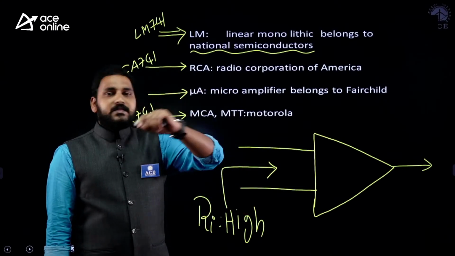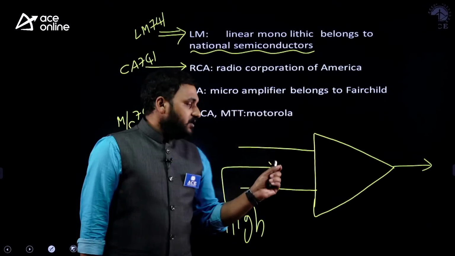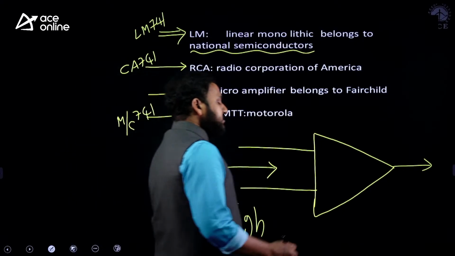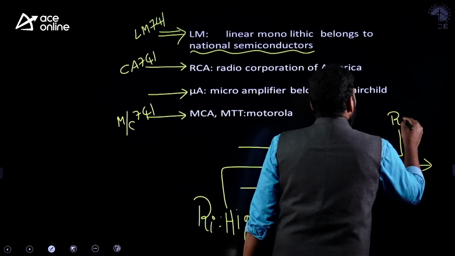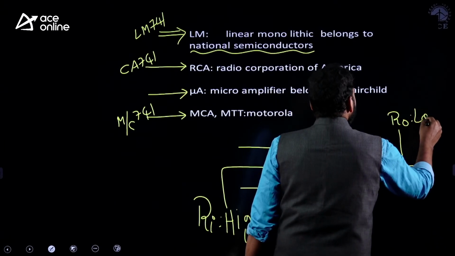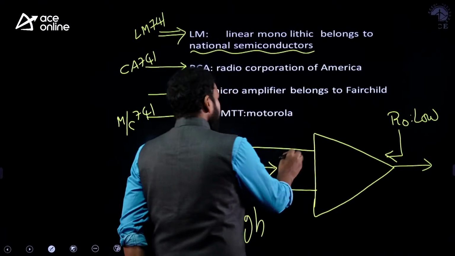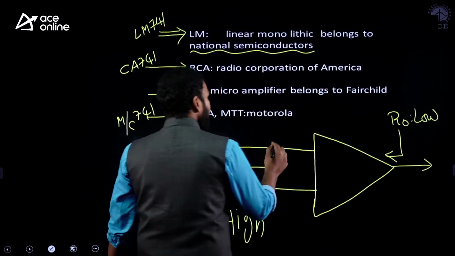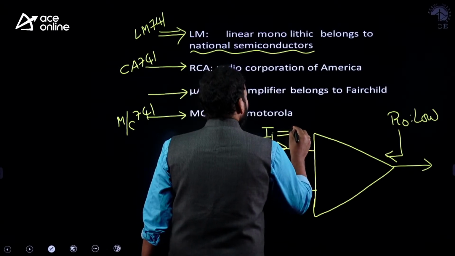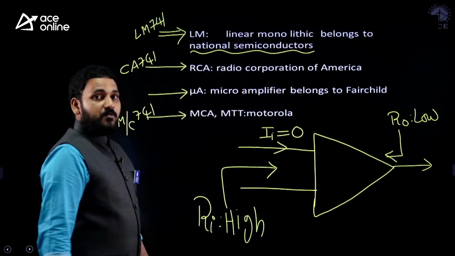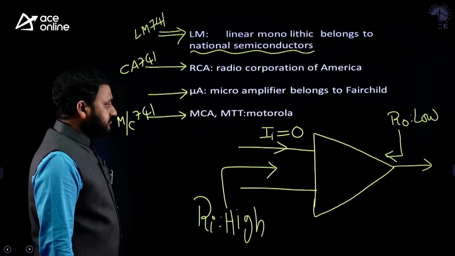If it should be high, the ideal value is infinite. The input impedance of op-amp is high and output impedance is very low. As the input impedance of op-amp is very high, remember, my dear friends, current entering into op-amp is always 0.